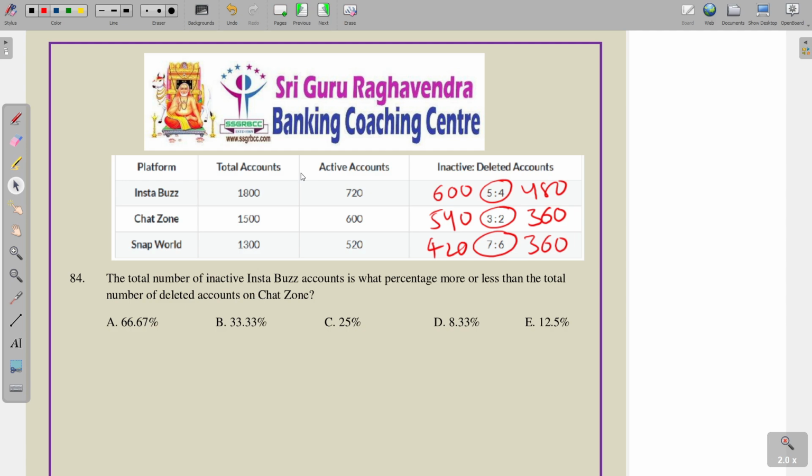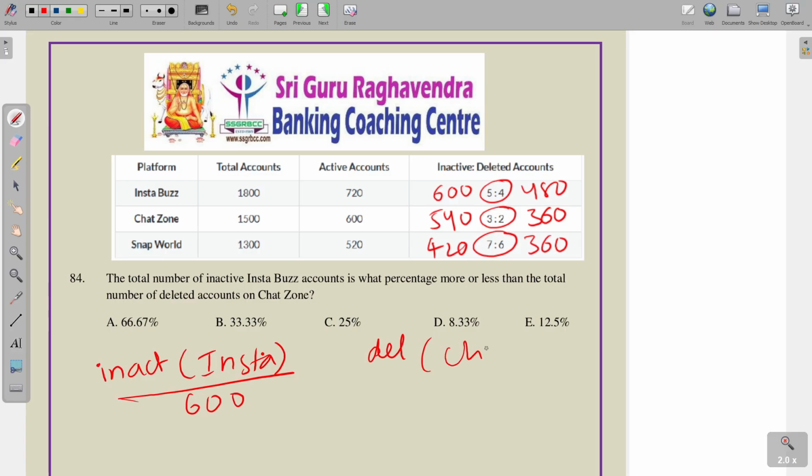The total number of inactive accounts on InstaBuzz is 600. What percentage more or less than total number of deleted accounts on Chart Zone?